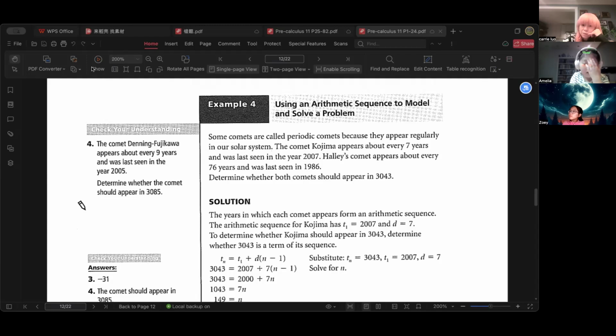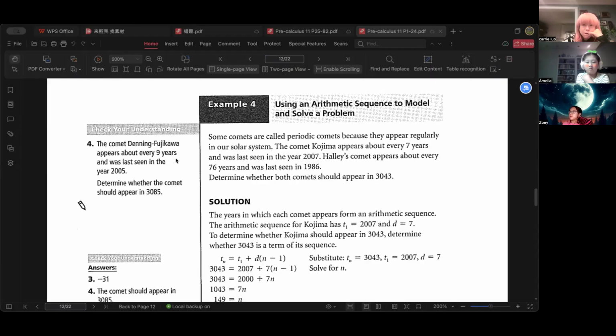So some people ask me, why are we learning arithmetic sequences, right? So let's take a look at example 4. Zoe, could you please read the question for me? Some comets are called periodic comets because they appear regularly in our solar system. The comet Kojima appears about every 7 years and was last seen in the year 2007.